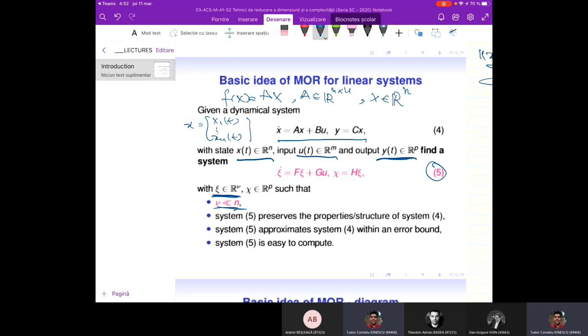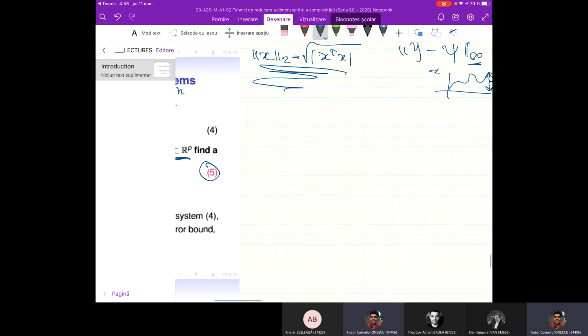The approximant number 5 preserves the properties or the structure of number 4, and since we deal with matrices here, I come back to the idea of sparsity that needs to be preserved, or topology if we are talking about graph systems. Topology is important. Also, you'd like 5 to be an accurate approximation of 4. So you look again at the error that I just showed you, and of course 5 is easy to compute.